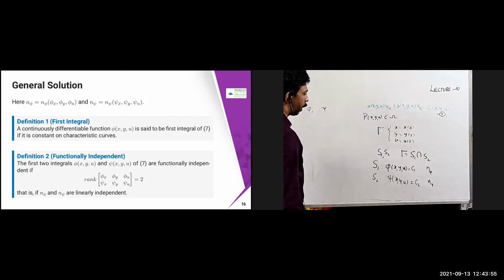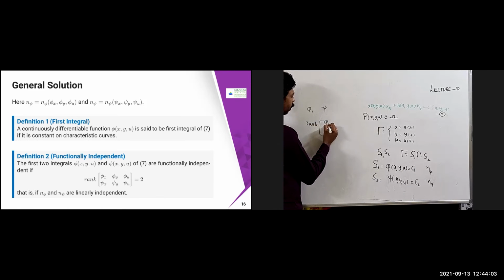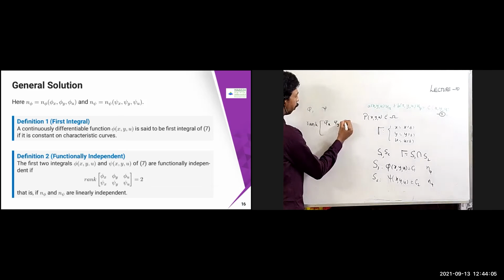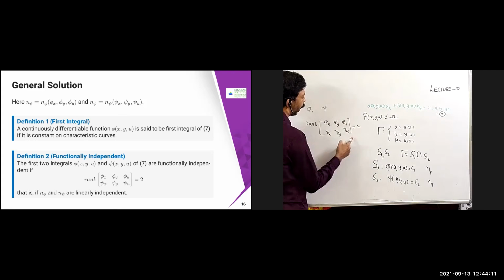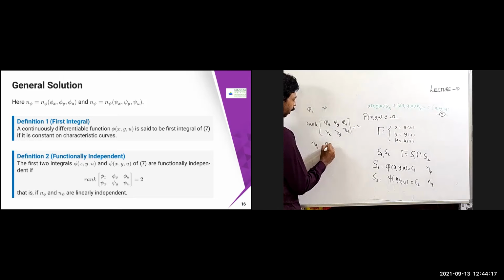Then we say that these two functions are functionally independent if the rank of the matrix with rows π_x, π_y, π_u and ψ_x, ψ_y, ψ_u is 2. That means I have to find n pi and n psi.